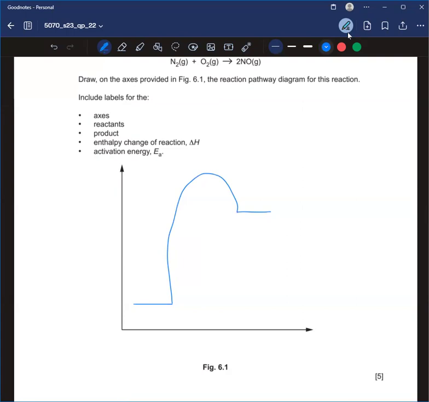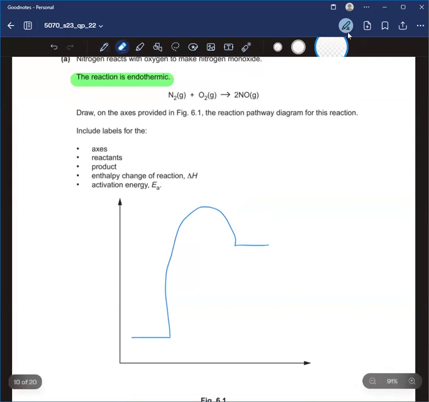So this would be reactants. The equation, right?